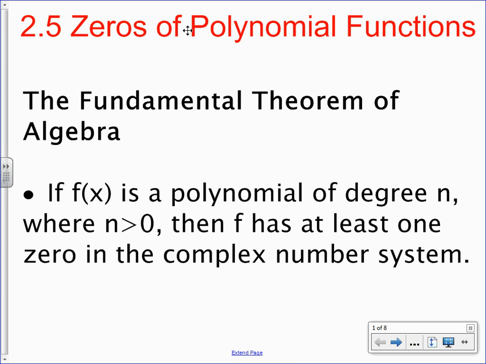In a fourth degree polynomial, they all could be imaginary zeros. But in the complex number system, which includes real and imaginary and the combination, we are going to have a zero. That's what this says.